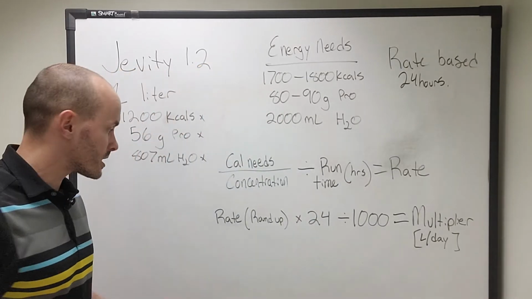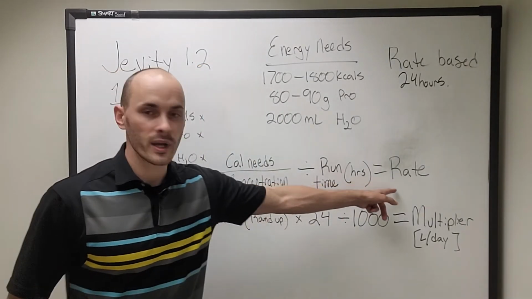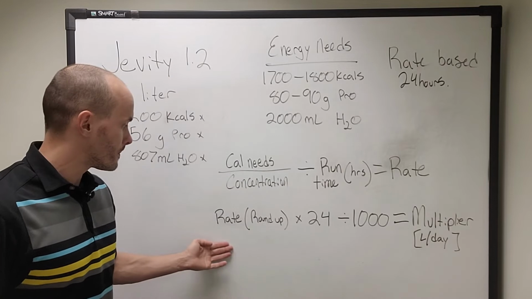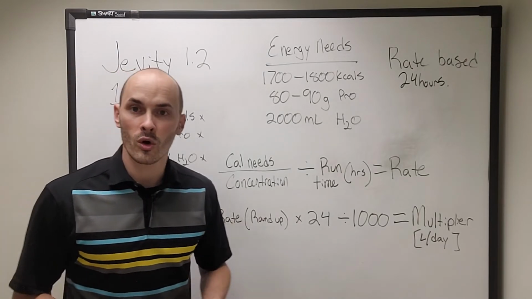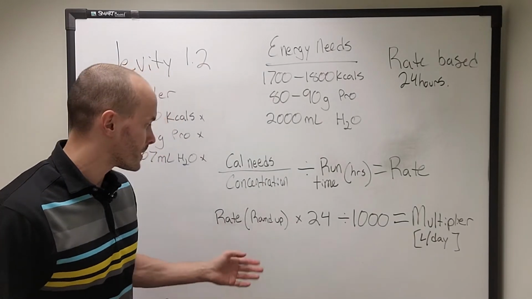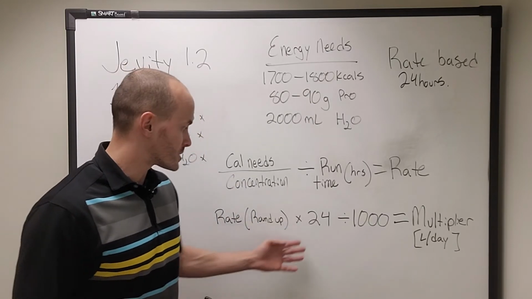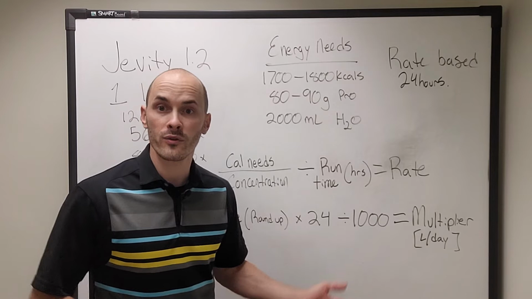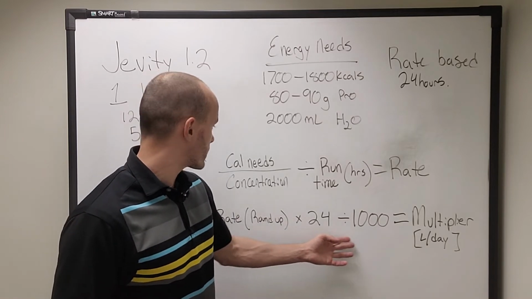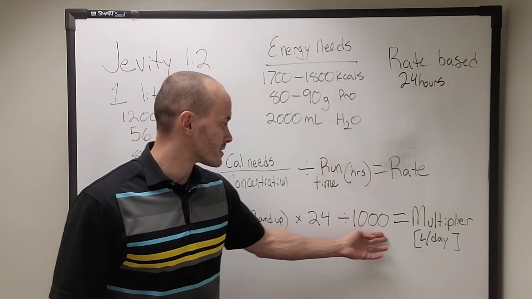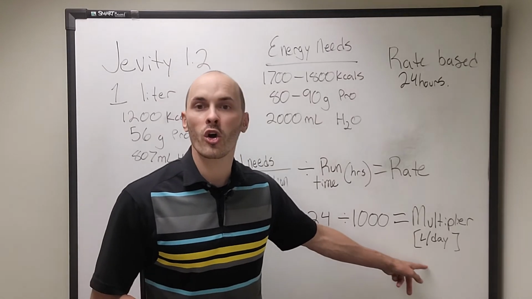So on this second equation, we're going to take this rate and we're going to round up to the nearest whole 5-digit number. We're going to multiply by 24 hours in a day, assuming that we're running it for 24 hours in a day. And then we're going to divide by 1,000. And this will give us what I call our multiplier.